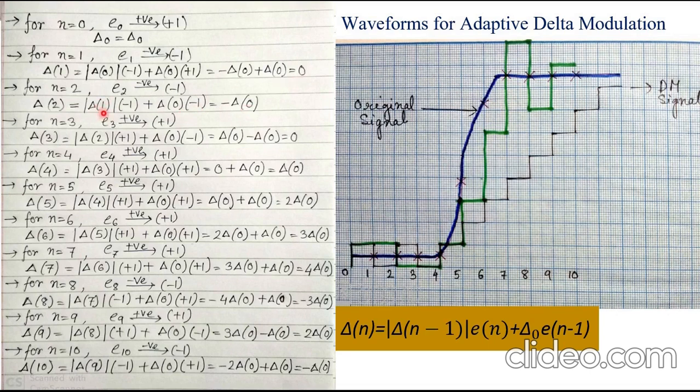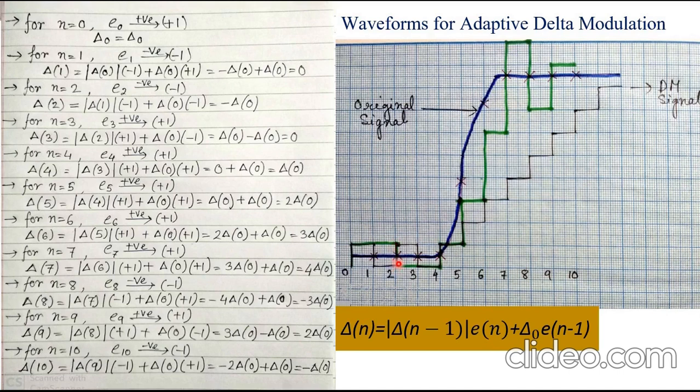So it will be minus delta 0, because the result will be minus delta 0 for n equal to 2. So here for n equal to 2, step size is minus delta 0. So we should make it like this. Okay. Now it will reach up to like this.